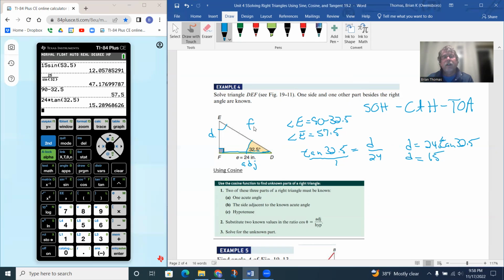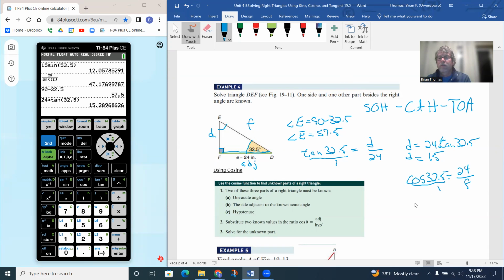Then to find F, notice how F is the hypotenuse. Let's keep with E. To find F, that's going to be the adjacent over the hypotenuse, which is cosine. So the cosine of 32.5 equals the adjacent, 24, over the hypotenuse, which is F. If I put this over 1, I can cross multiply.